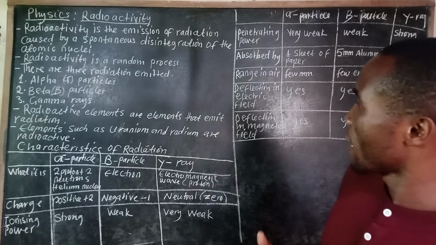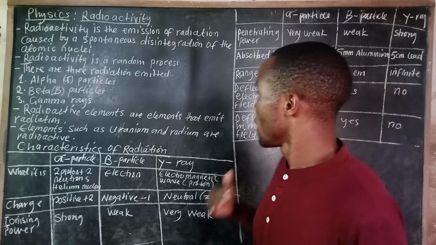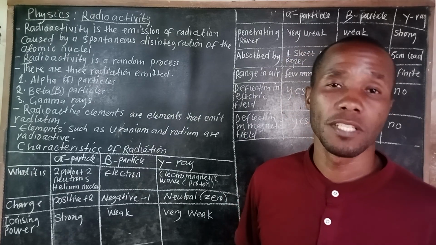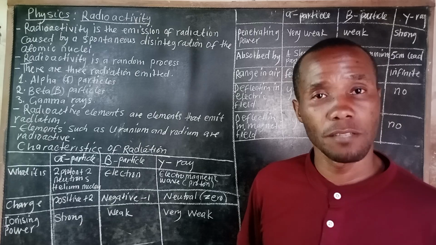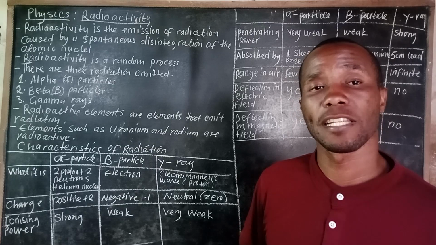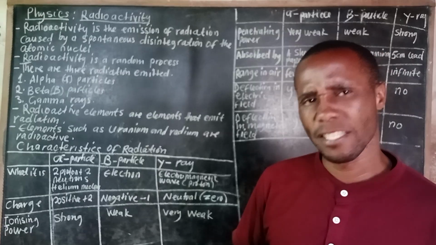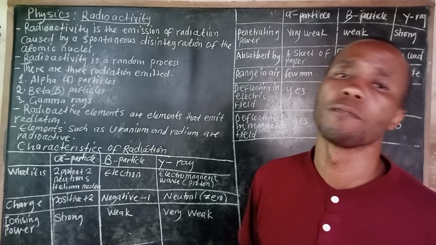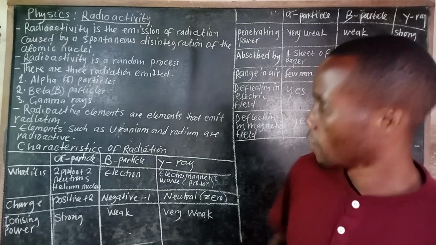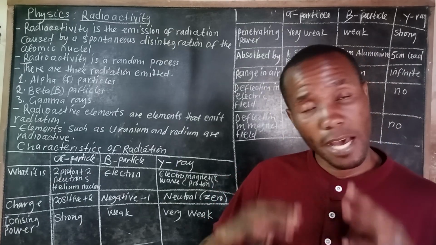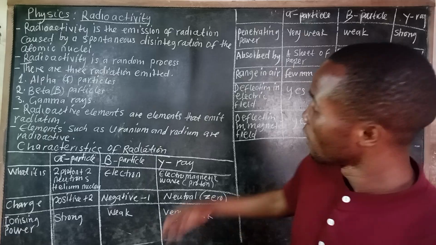Radioactive elements are elements that emit radiation. As you may be aware, there are different types of elements on the periodic table. Among those, we have radioactive elements, and these are elements that emit what? Radiation.